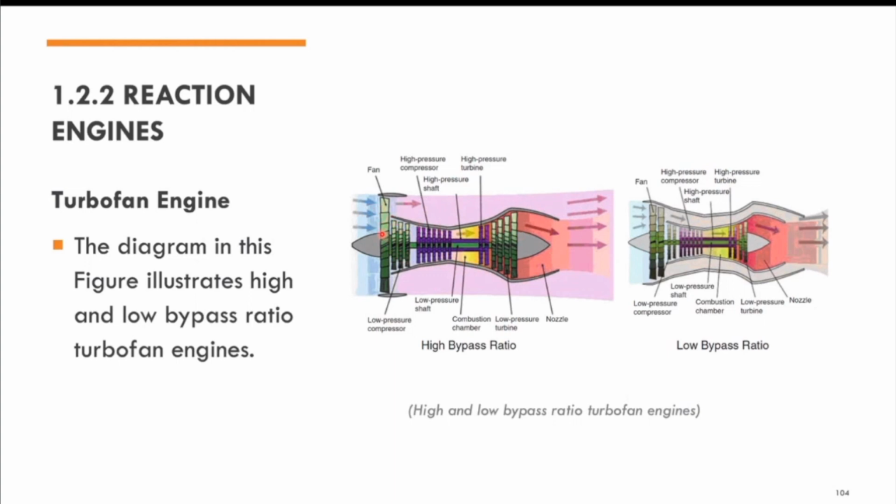The bypassed air then meets back, and the hot and the cold gases mix before being expelled through the nozzle. For low bypass, less air is bypassed, maybe 40-50%, and the majority will go into the core of the engine.